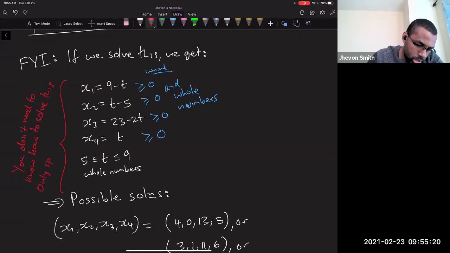Only special cases, like the next example. For the next example, we're going to solve that one completely, and I would expect you to be able to solve that completely.